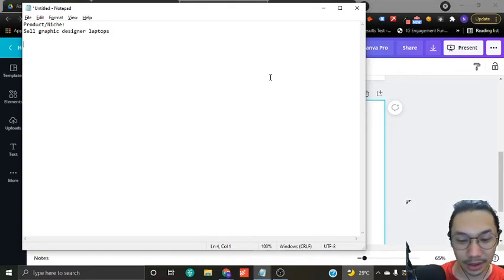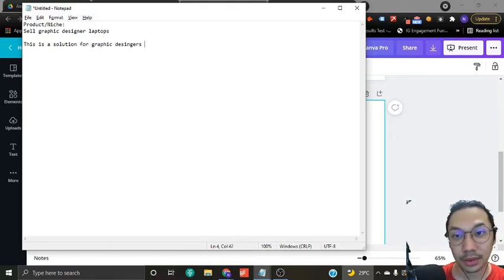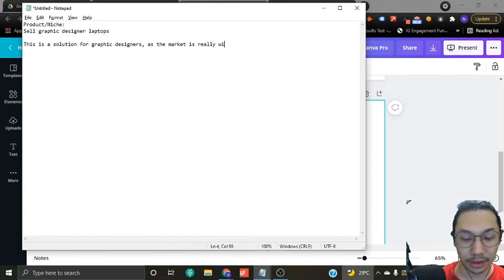Because this is a solution for graphic designers specifically, as the market is really wide for laptops in general. Okay, so that's just the niche of it.